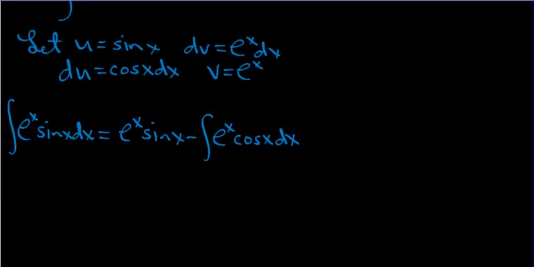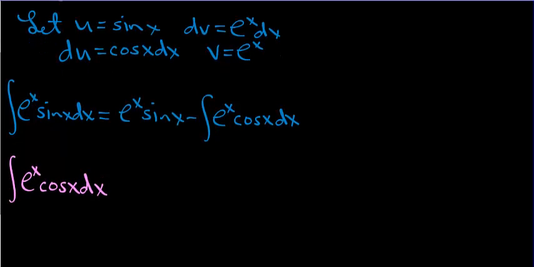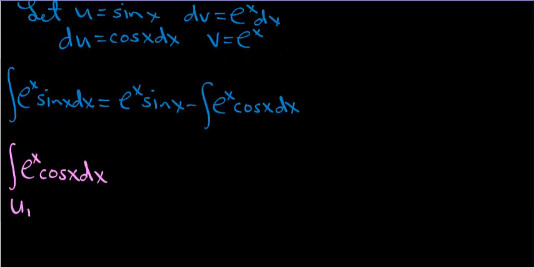Let me change colors here, and now I'm going to look at e to the x cosine x. I'm going to repeat this process, just like we did before, but now with this second integral. This time I'm going to let u equal cosine x, and then du, just to distinguish it from that other one, is negative sine x dx, because the derivative of cosine is negative sine.